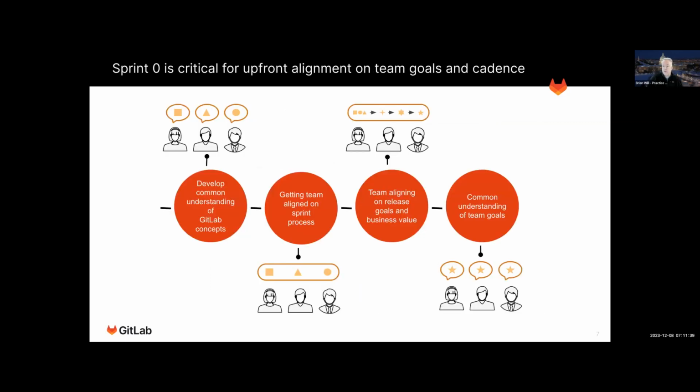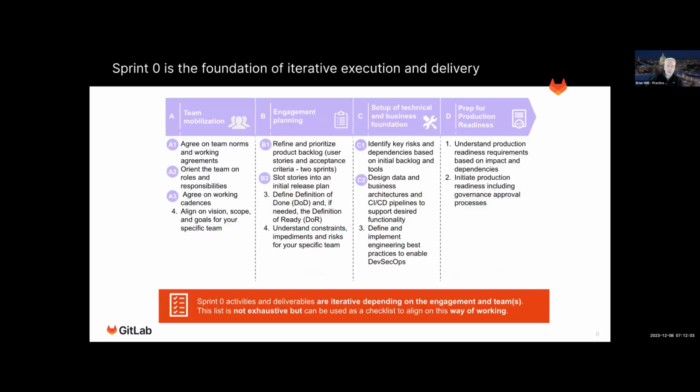Again, sprint 0 is about setting expectations and getting everybody aligned, and most importantly, not just aligned in terms of resources and timelines, but also in terms of expectations. So sprint 0 is usually the first set of sprint activities where you make sure you set yourself up for success further down the road, as you start sprinting through multiple sprints.